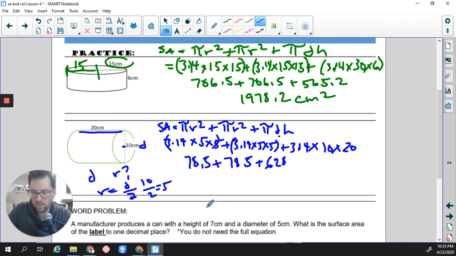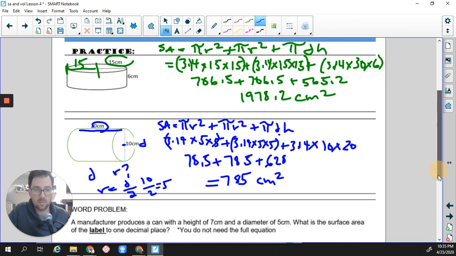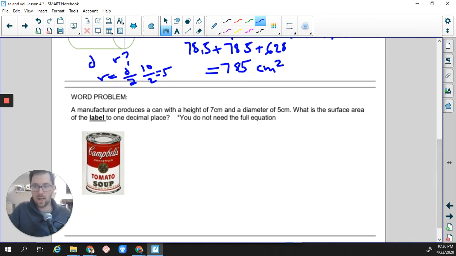So we've got 628 plus 78.5 plus 78.5 equals, whoa, that's weird, 785. 785 what? Let's double check. Centimeters. Centimeters. What? We're working with area, so squared. Okay, solid.